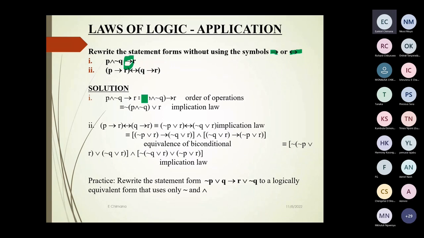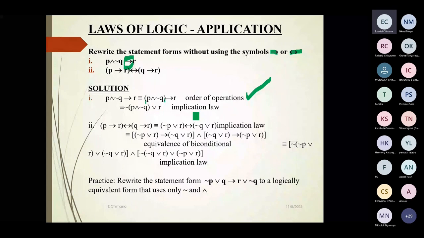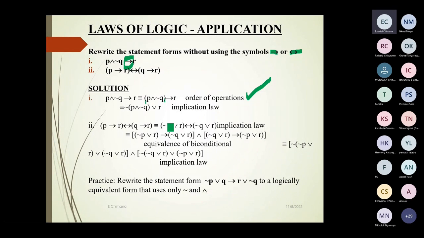And then we know that we have actually done the order of operations, right? When we say the negation first, then followed by the and, then the implies you follow later. So we are putting parentheses to show that this is the first thing that we need to solve. So it is the order of operations. It is also good to mention the law that you have used. Then from there, we can use the implication law to remove this implication.